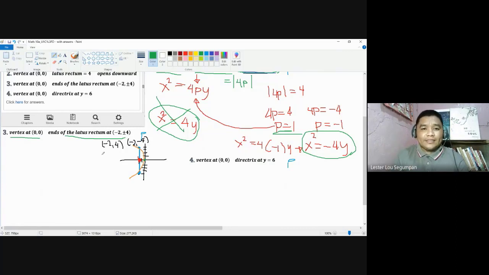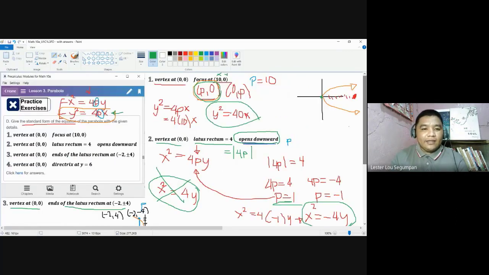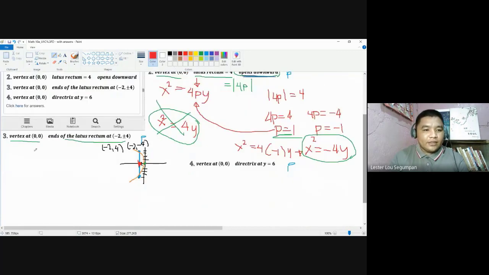What is the purpose for this? The purpose is to decide which form best fits the situation. Since it opens sideward, we will use the second form, which is y squared equals 4px. Now that we have dealt with the form, let's look at p. If you review your module, where our parabola is opening towards the left, the ends of the latus rectum are given as p and then plus or minus 2p.